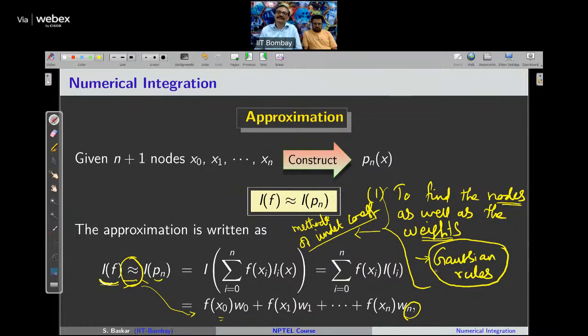So this is the idea of how to derive the methods. In our class, from the first part we obtained the three quadrature rules including Simpson's method.